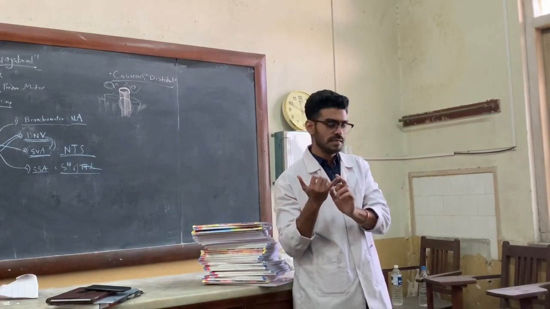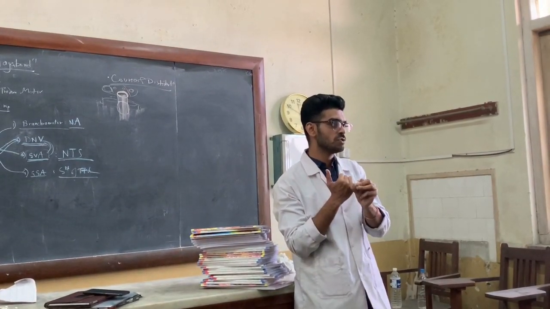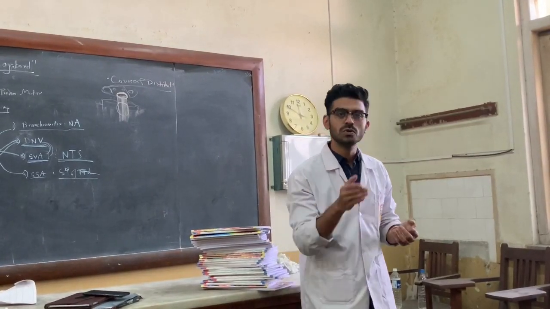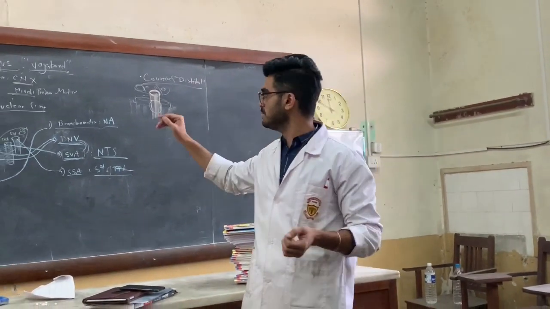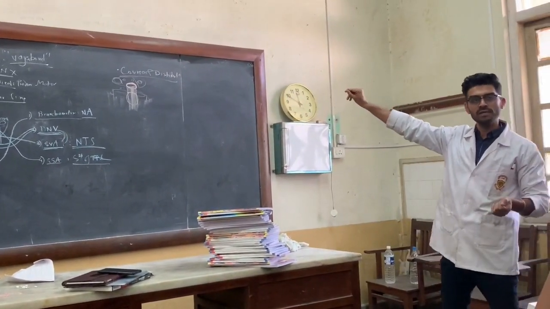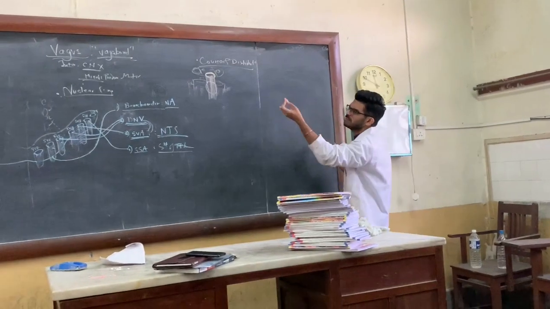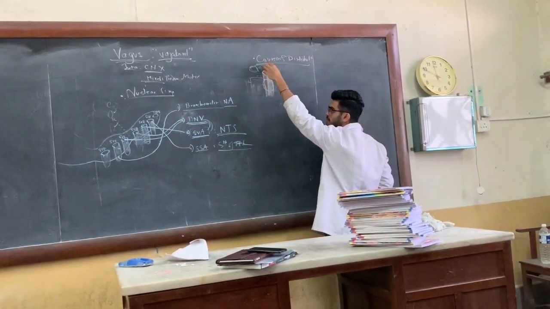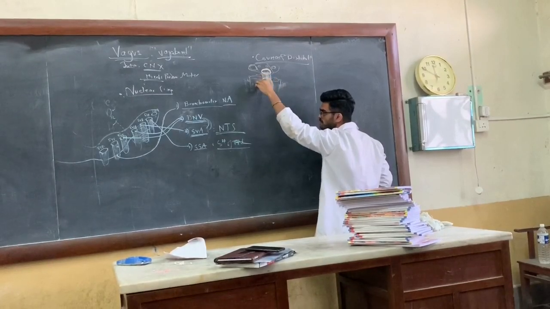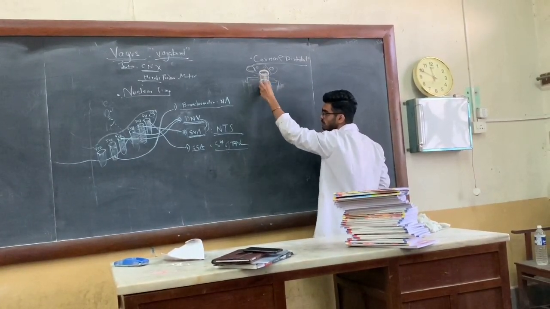So if I say there is a superior and inferior ganglion of the glossopharyngeal nerve, what is it carrying? It is carrying the cell bodies of the sensory neurons that are traveling through it. Similarly, there is a ganglion of the vagus nerve. There is a superior ganglion and an inferior ganglion. The superior ganglion is present in that intermediate compartment only, and the inferior is 1 centimeter below it, and it's slightly more oval, not circular.